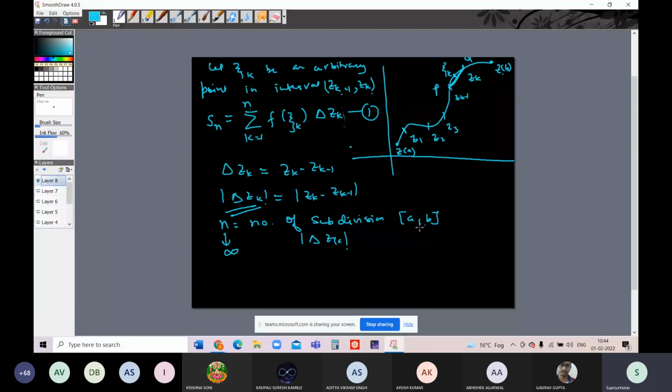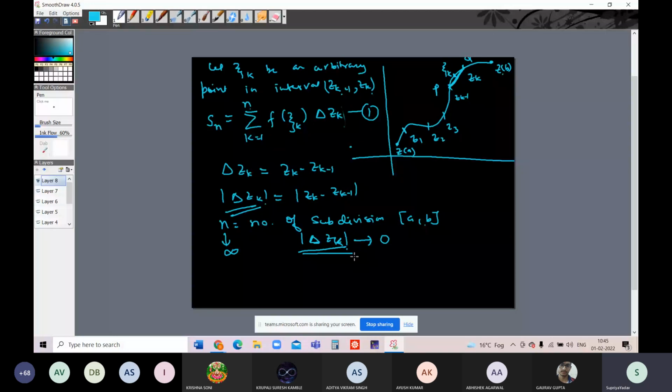So if the subdivision of this interval is approaching infinity, what can we say about the length of the subdivision? It will approach 0. Yes. The maximum value, the largest subinterval, is also approaching 0. In that case, it will approach 0.